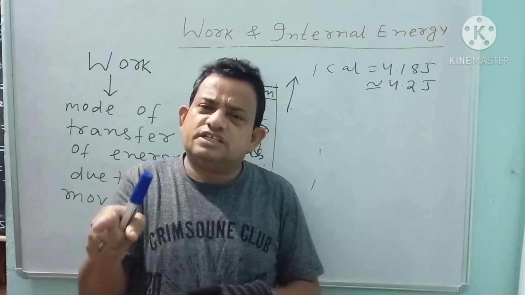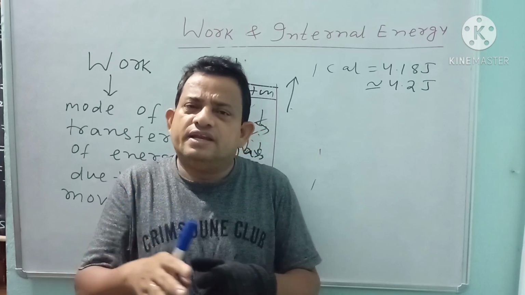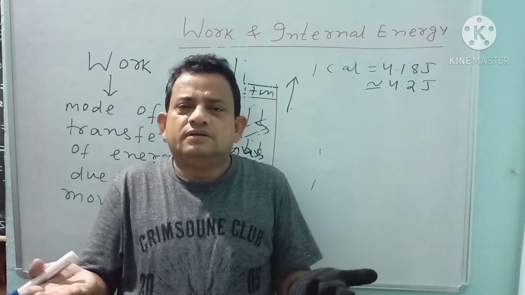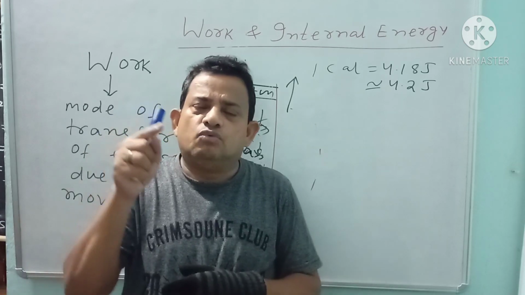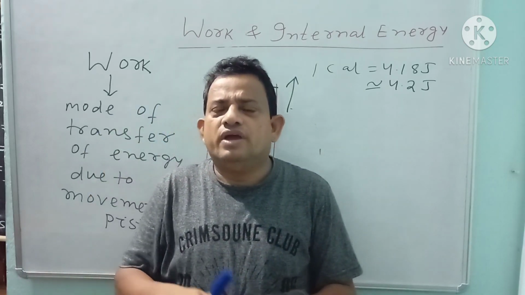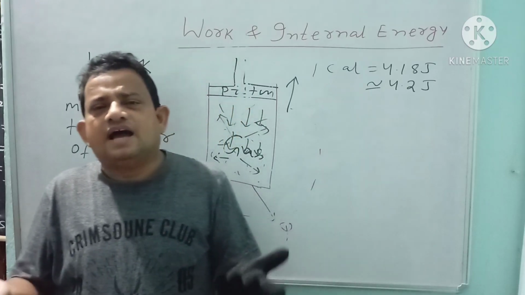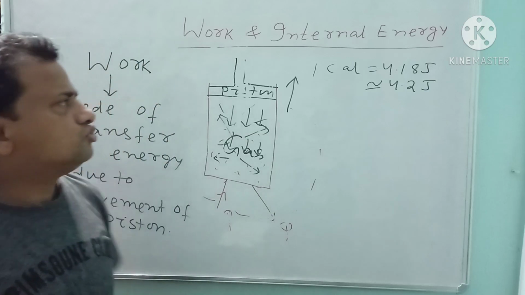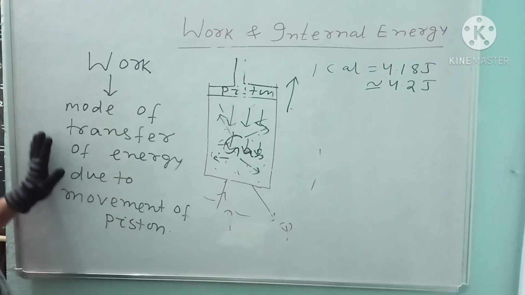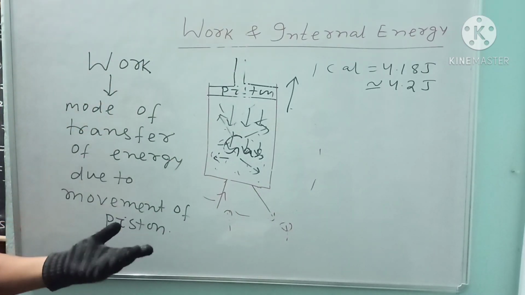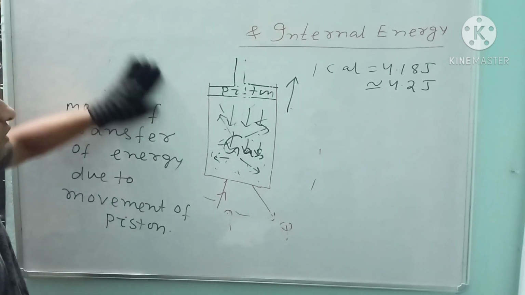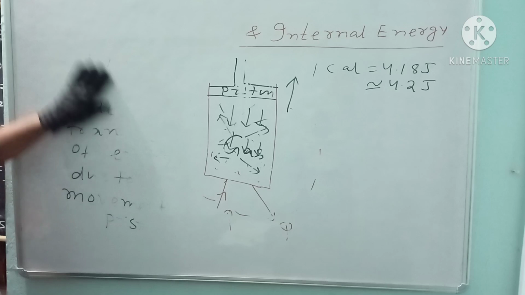Similarly, work done is positive when gas is expanded, and work done is negative when gas is compressed. Now, students, come to internal energy. And you can know work also has the unit of joule. Same thing, students.